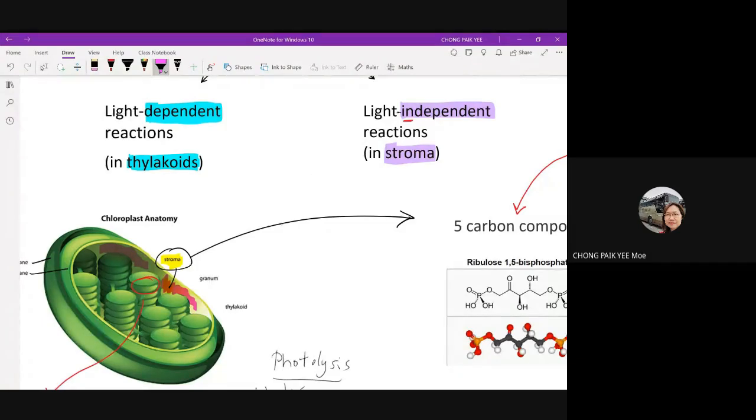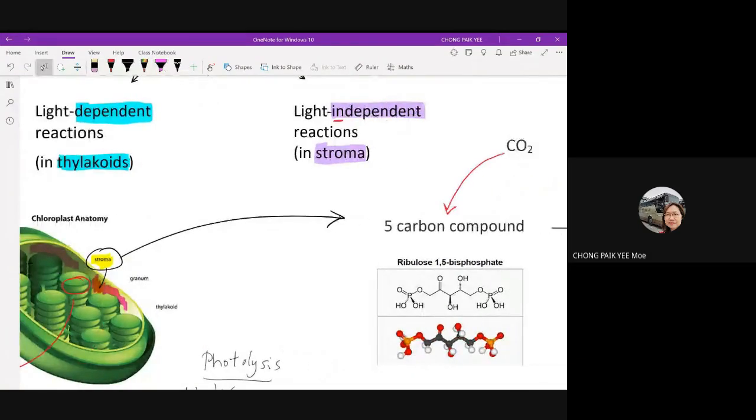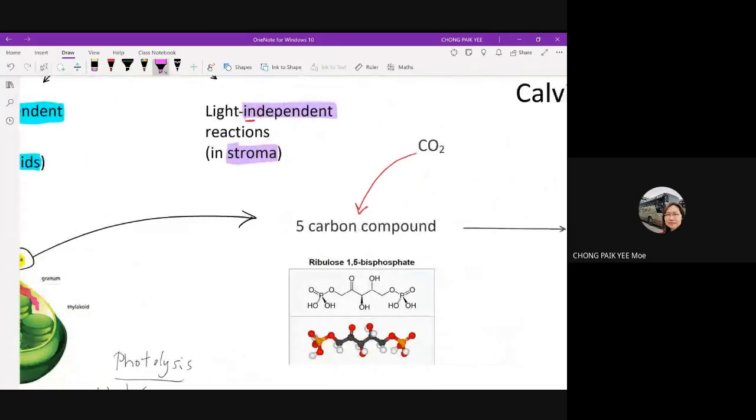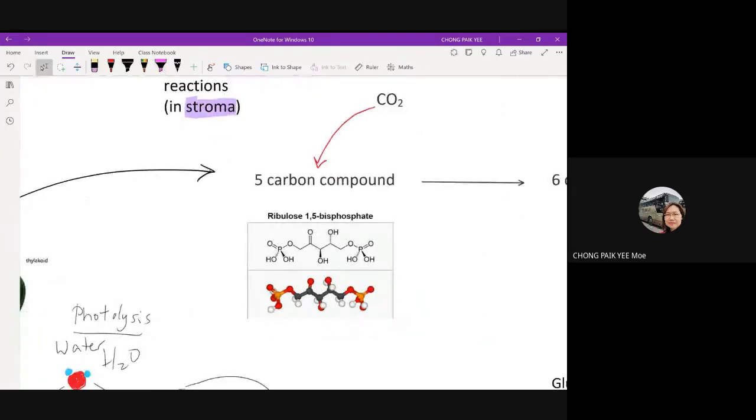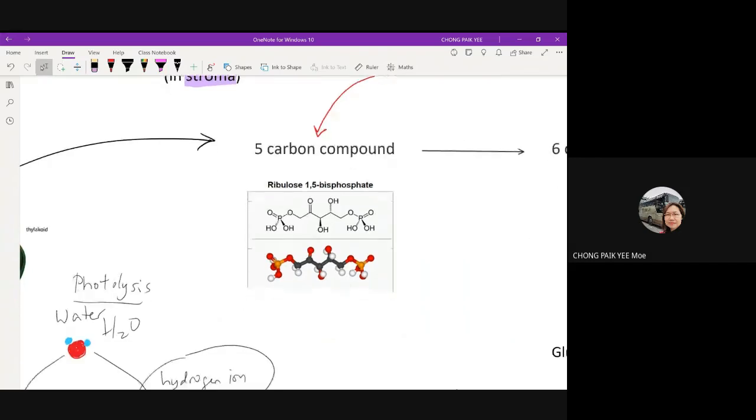Now, inside this liquid component in the stroma, there is already a 5-carbon compound, which means it has 5 carbons. You don't need this molecule in your SPM, but I want to show you what it looks like so you get a better understanding. You need to visualize that it is a compound with 5 carbons already inside. Where is the carbon?